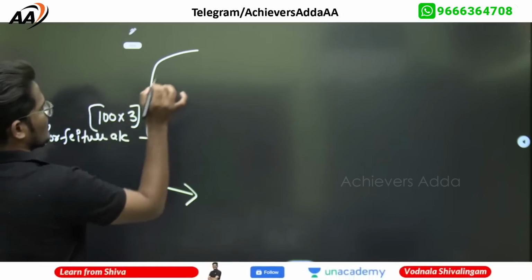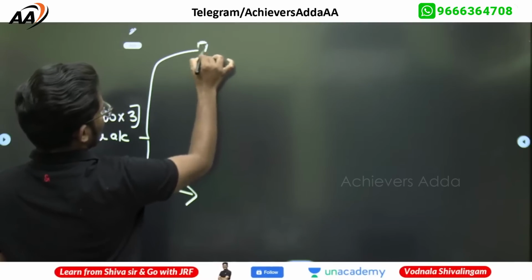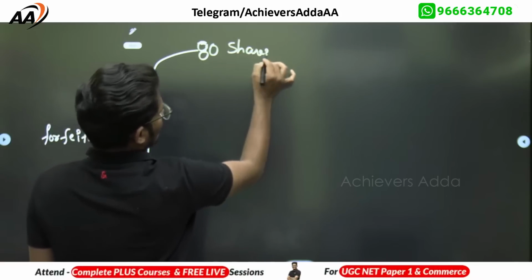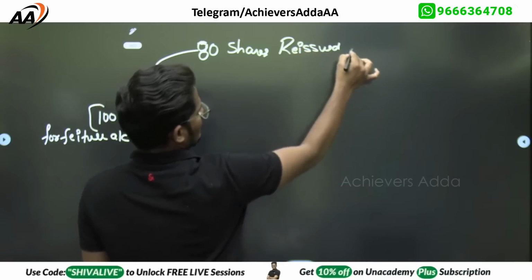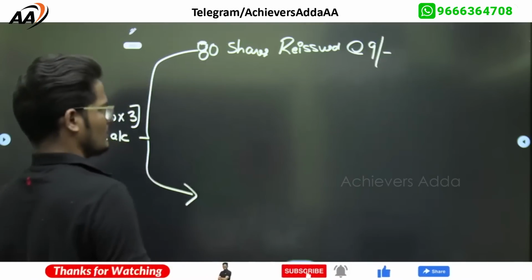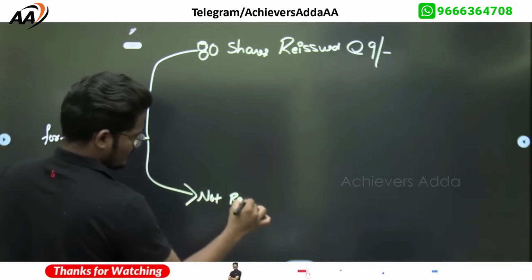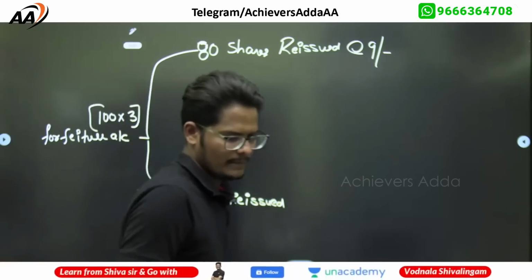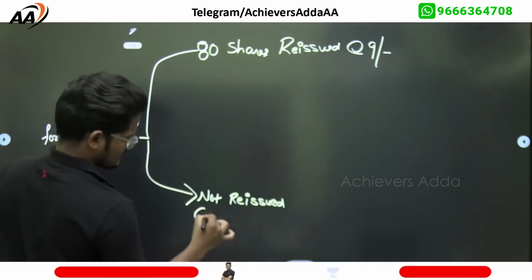Out of this, 80 shares are reissued at 9 rupees per share, and not reissued will be the remaining 100 minus 80, 20 shares.